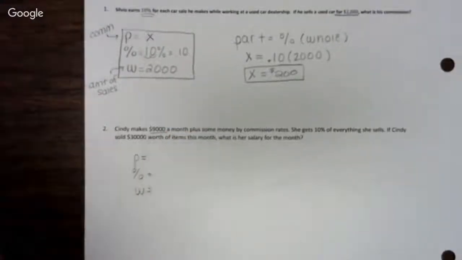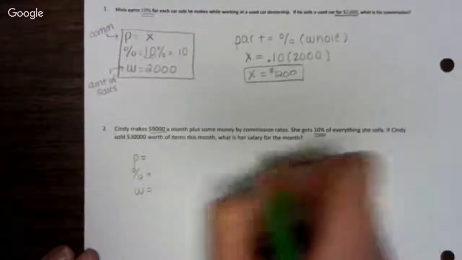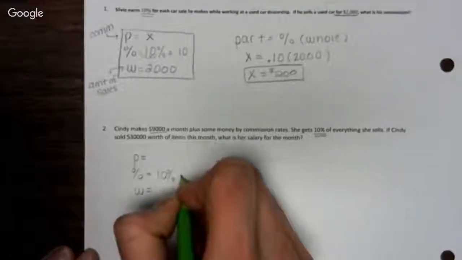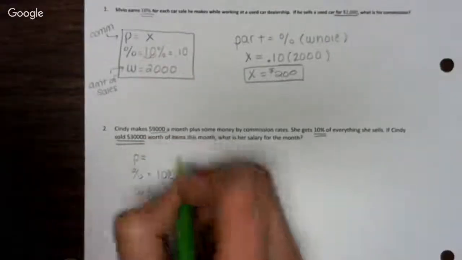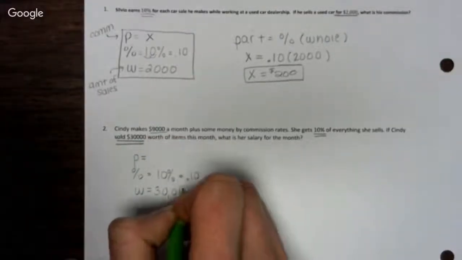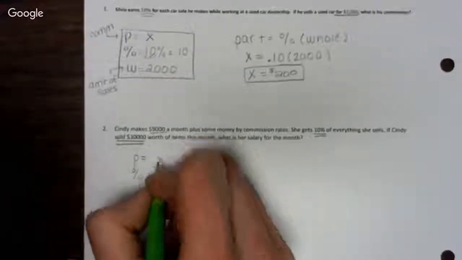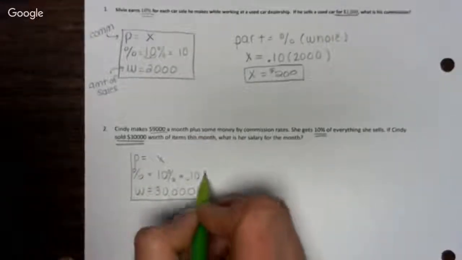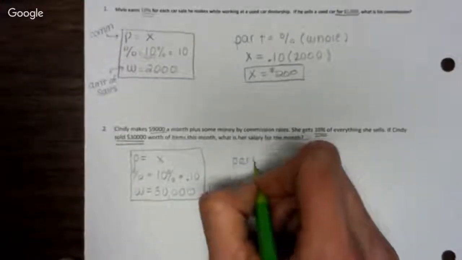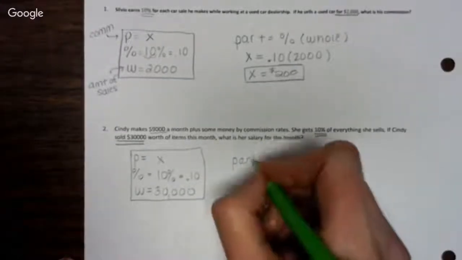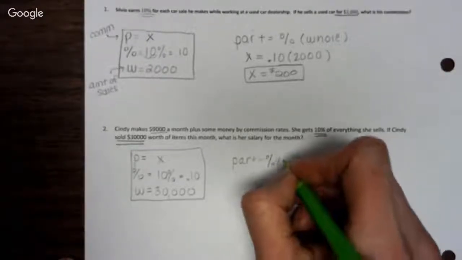So let's set up our little cheat box. She's earning 10% commission, so 10% is our percentage, which is 0.10. She's selling $30,000 worth of goods. So we want to know what commission she'll make on that. So part equals percent times whole.